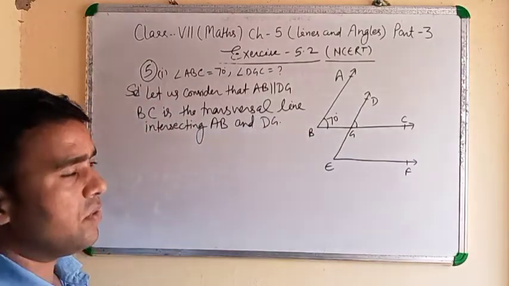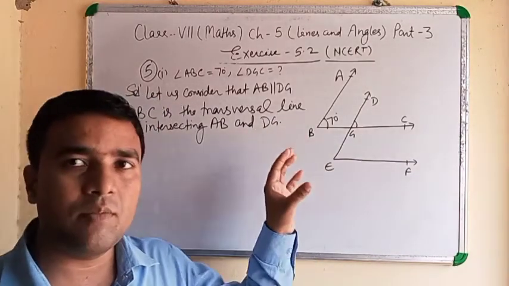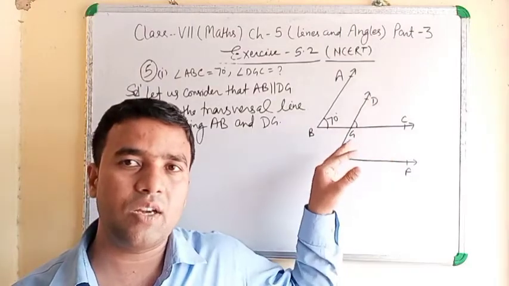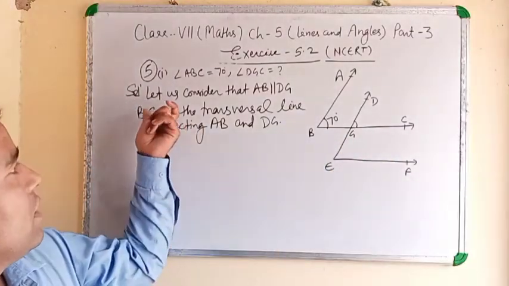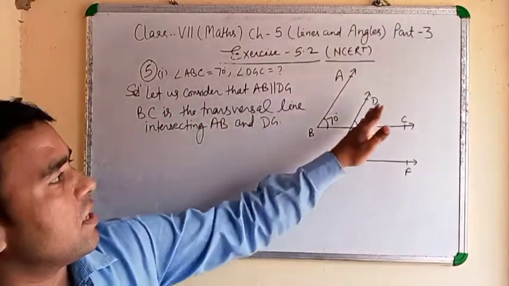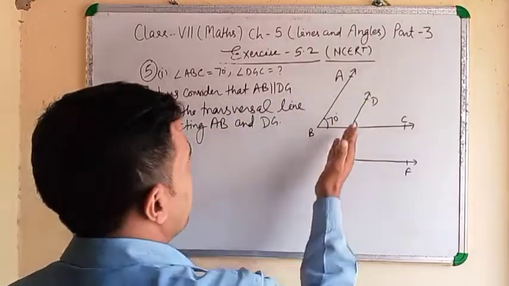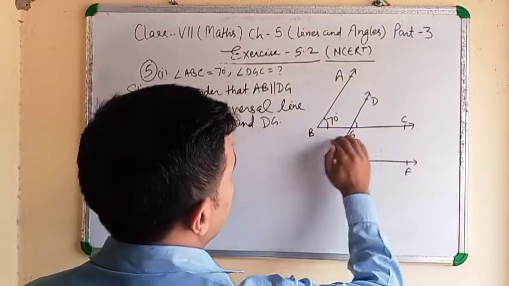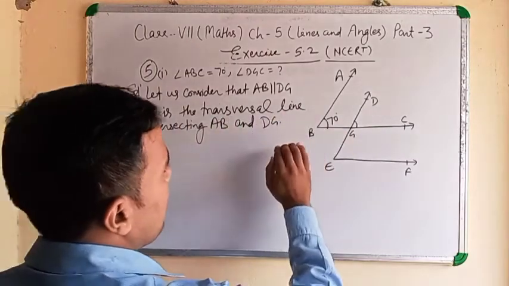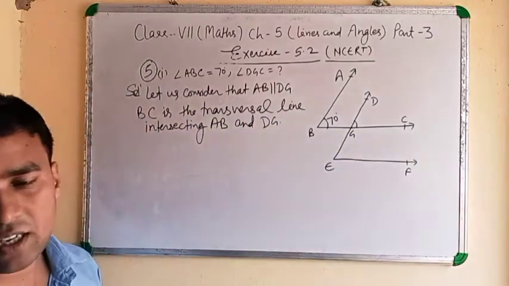Transversal means that line will intersect at a point, whatever lines are given. Means let us consider that AB parallel DG, BC is the transversal line intersecting AB and DG. Clear?